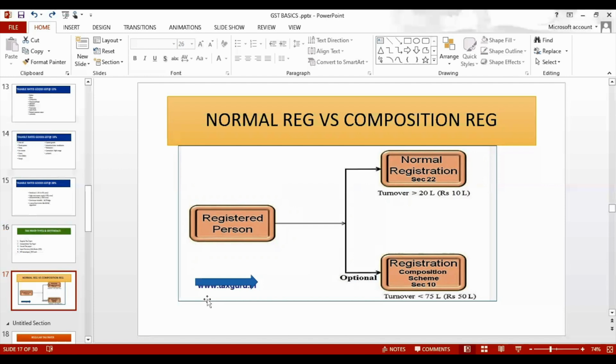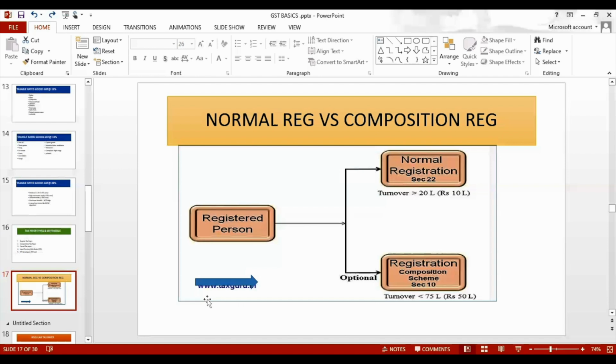Another is the registered person under the composite scheme, section 10. What is the difference between both? If the turnover is less than 20 lakh, we register as normal registration. Below 10 lakh, it becomes the composition scheme, section 10.